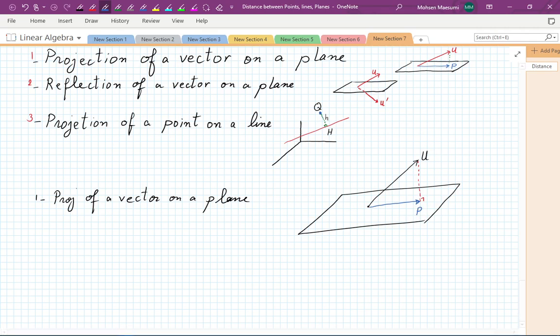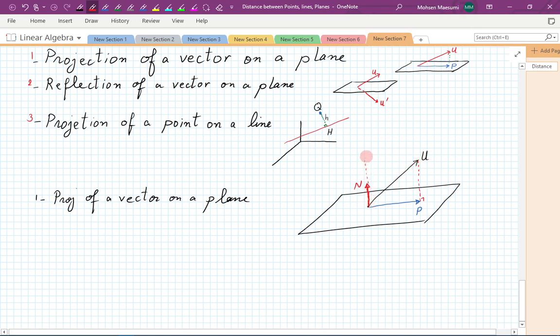So how can I get the vector P? Well, very simple. Get the normal vector to the plane. This is something that's easy for us to get. And the normal vector to the plane, let's call it n. Then find the projection of u on n.